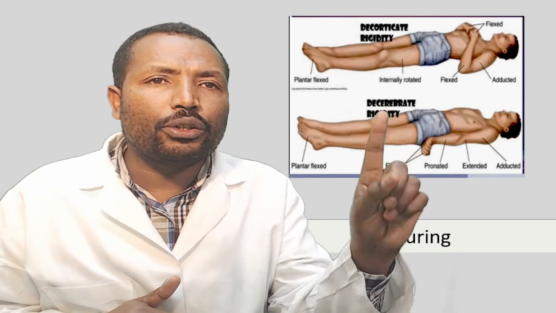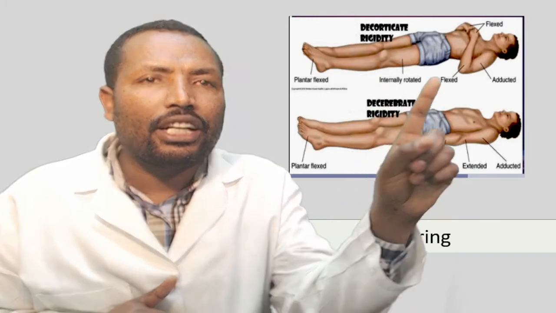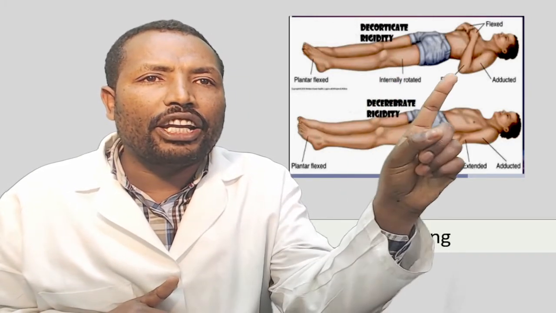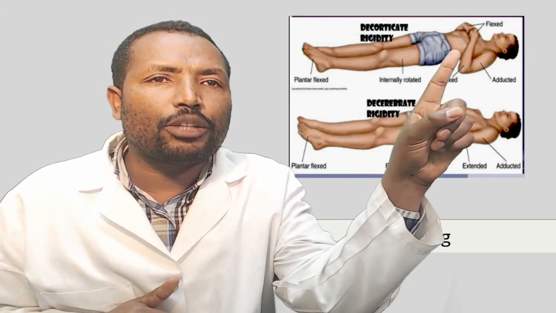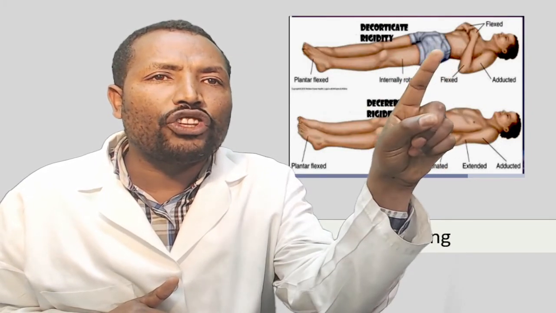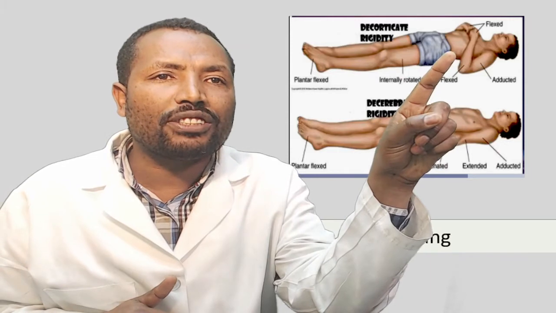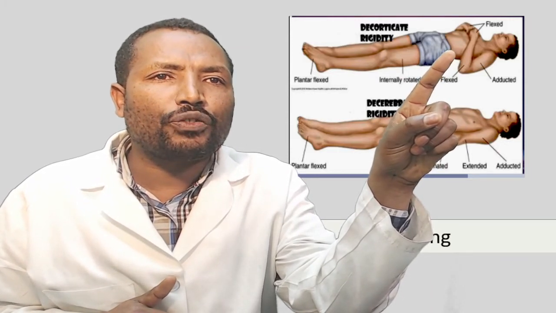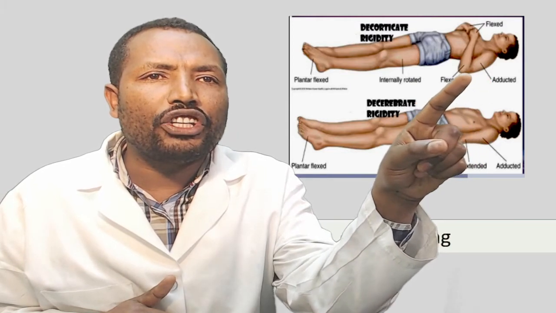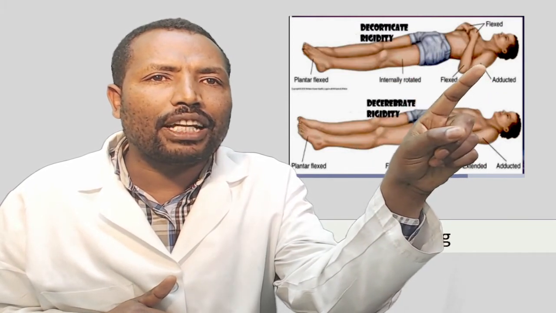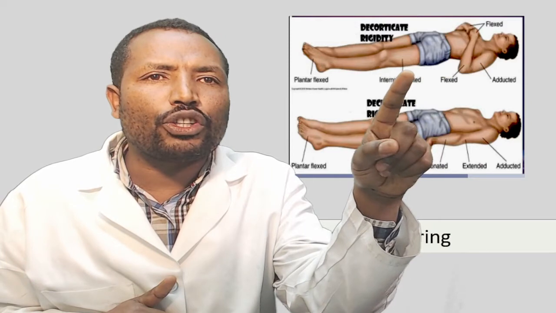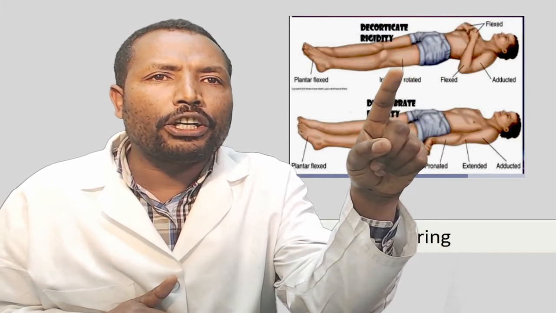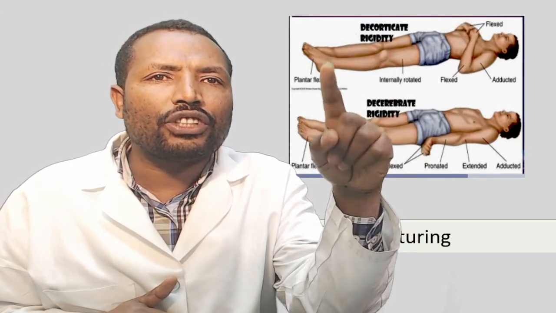In this picture of posturing, the first one is decorticate. If we apply pressure or pain on the chest, the hand moves towards the chest. So this is what we call decorticate: the hand is flexed, the knee is flexed, the arm is adducted, there is internal rotation of the hips, and the plantar is flexed.